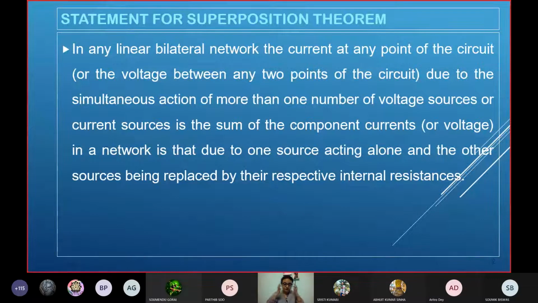So their combined effect is the algebraic summation of their individual effects.